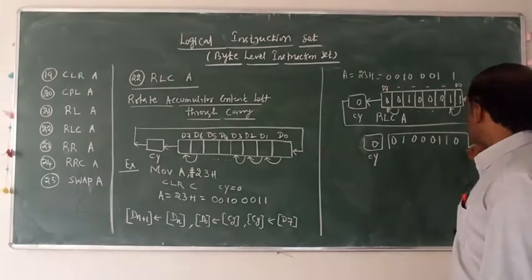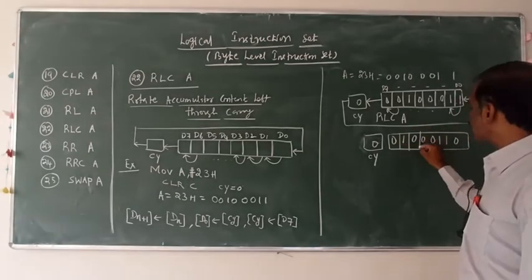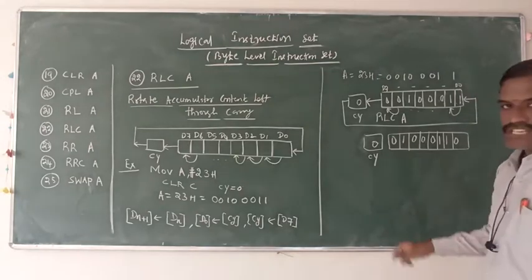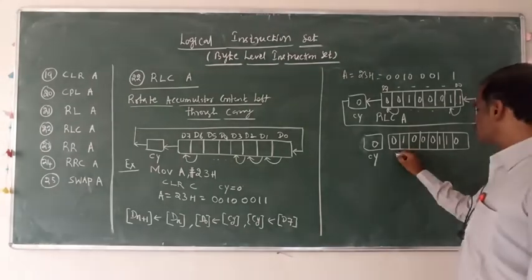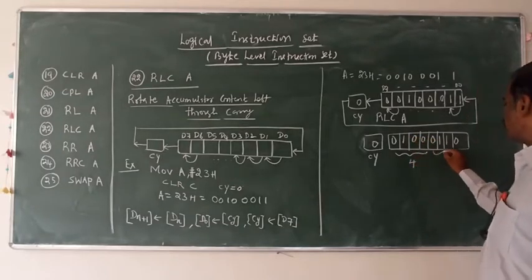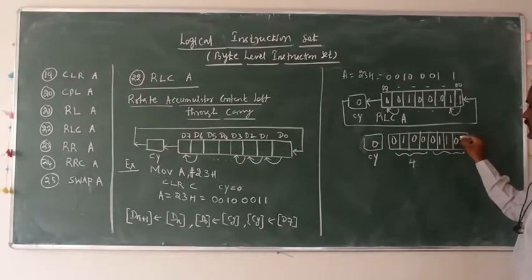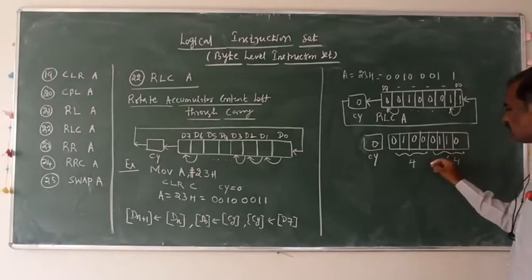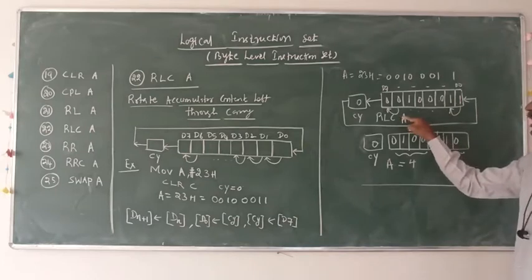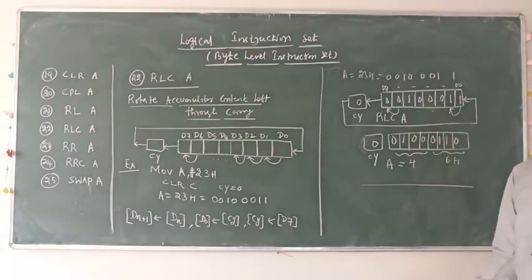This is the accumulator result after RLC A. Now the carry is 0 and accumulator result 0, 1, 0, 0 means 4 and 0, 1, 1, 0 means 6, 46. This is the accumulator result after the RLC A instruction.